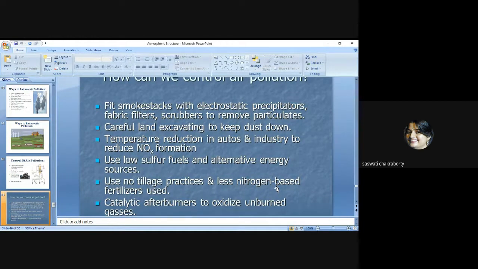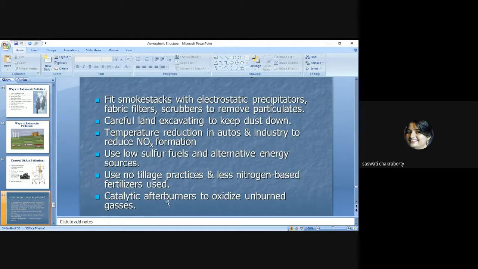They are also polluting the environment, isn't it? Using harmful pesticides, insecticides, right? So we need to use less nitrogen based fertilizer. Catalytic afterburners to oxidize unburned gases. The gases which are left unburned need to be burnt fully and then liberated.